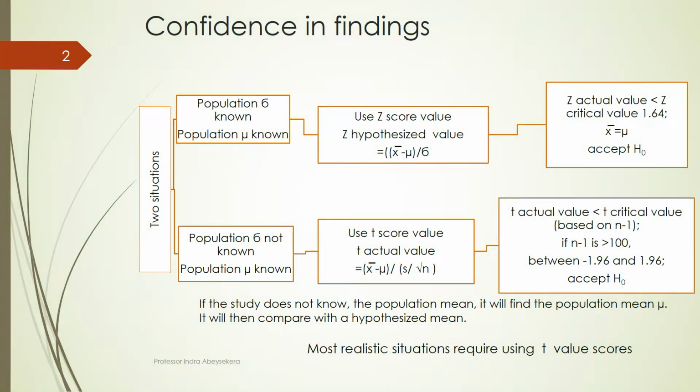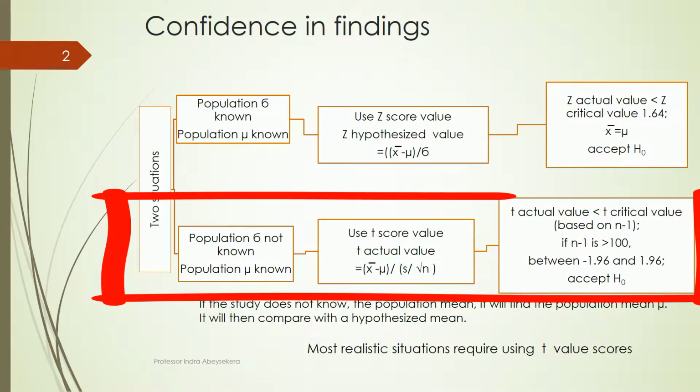The second situation is we don't know the population standard deviation, but we know the population mean.